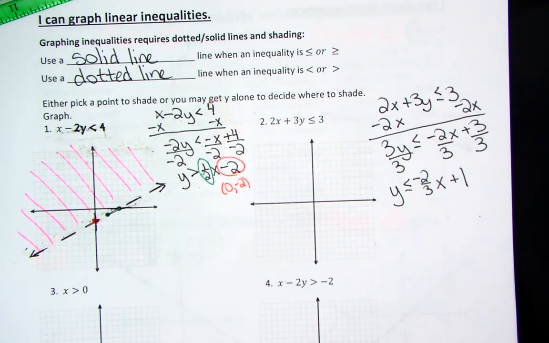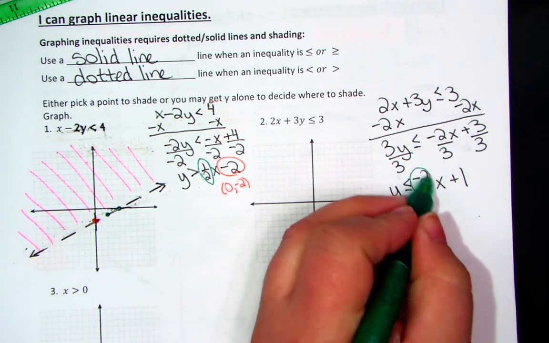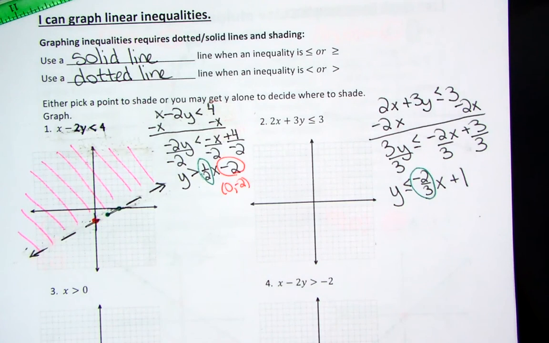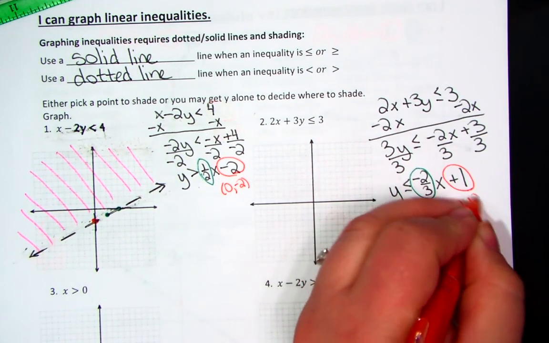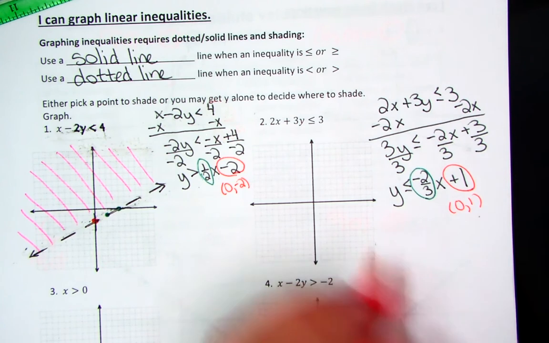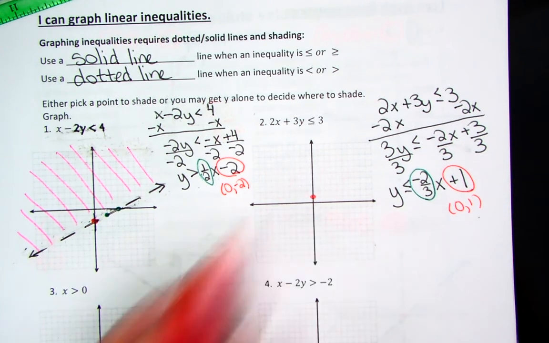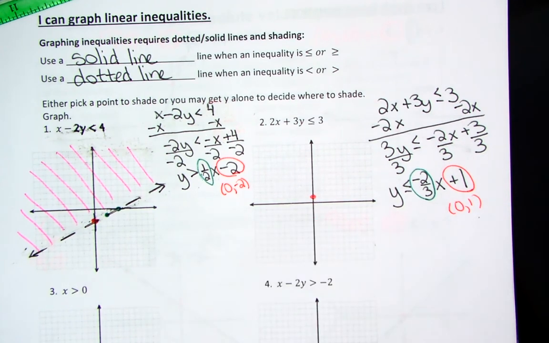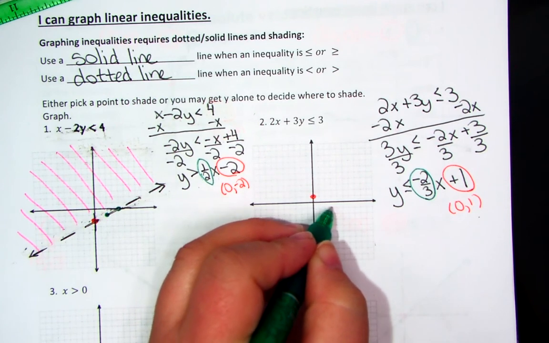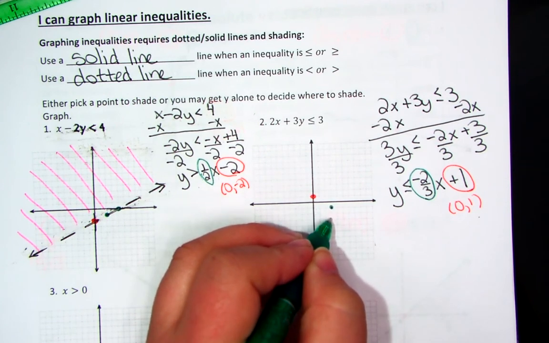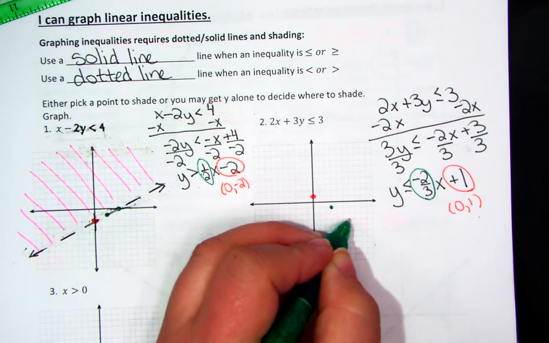Identify your slope and your y-intercept. Slope is negative 2/3. Y-intercept, 0, 1. Put a dot, then go down 2, right 1, down 2, right 1.